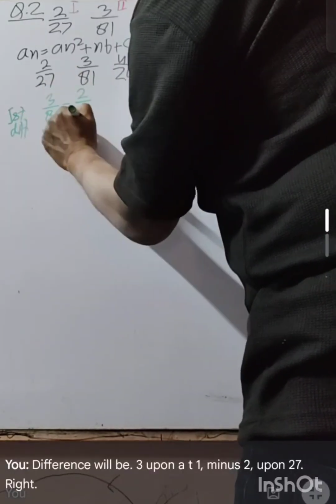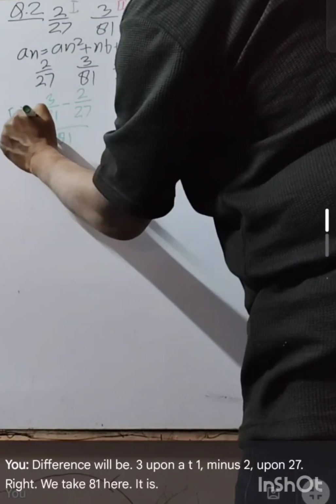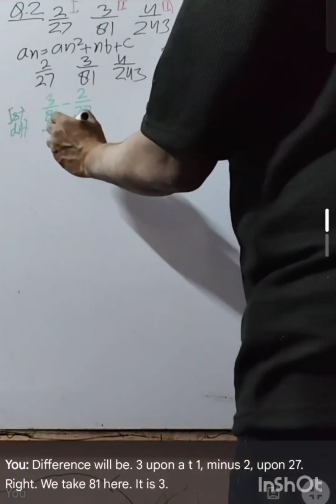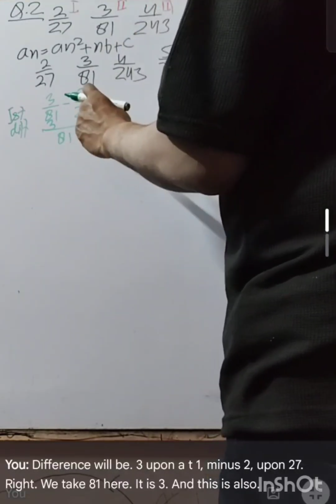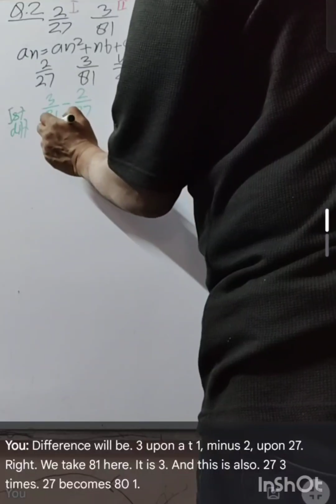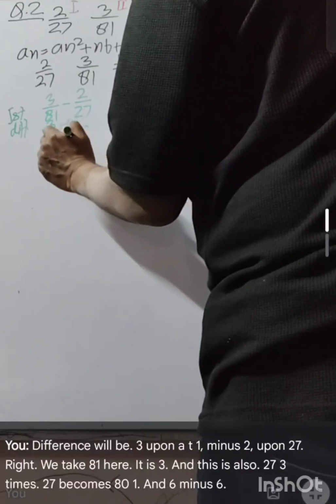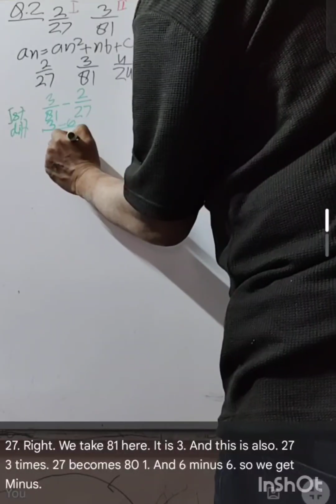We take 81 here, it is 3, and 3 times 27 becomes 81, and 6 minus 6, so we get minus 3 by 81.